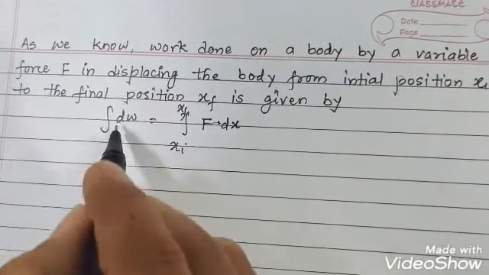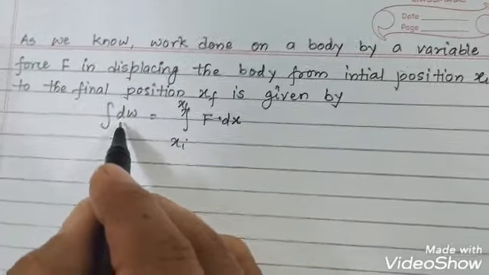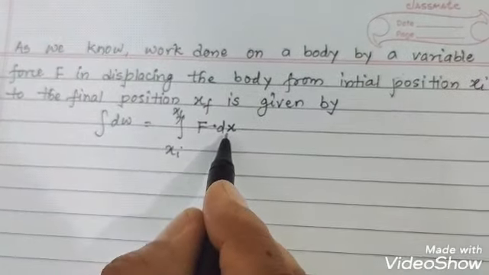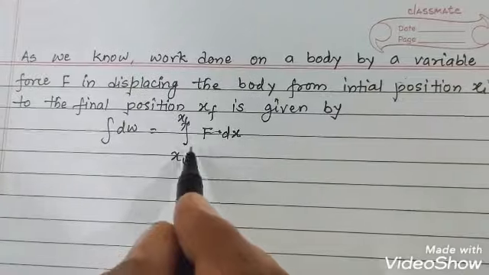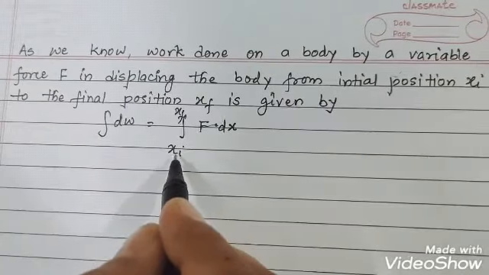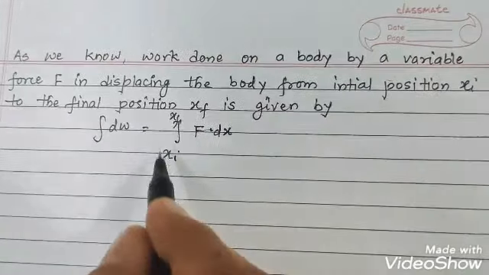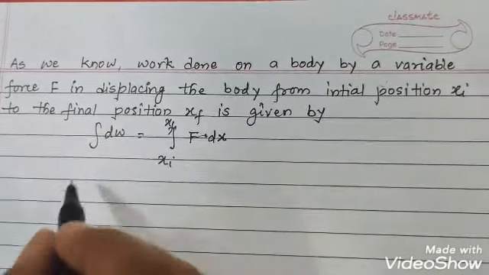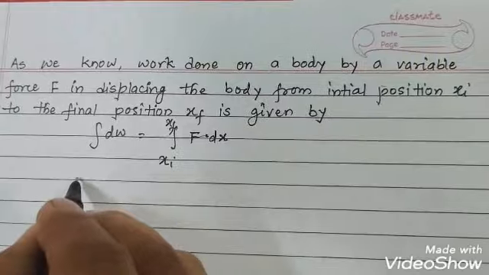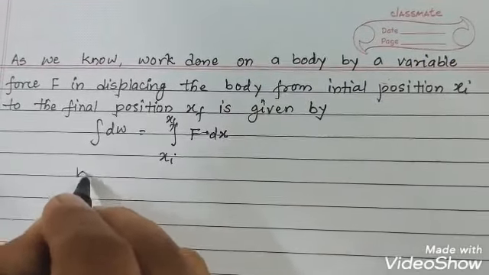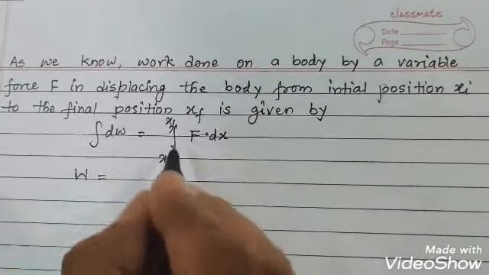So dW is equal to force into displacement, and we integrate this to displace the object from xi to xf, the initial position to the final position. So the integration of dW is W, the total work done.